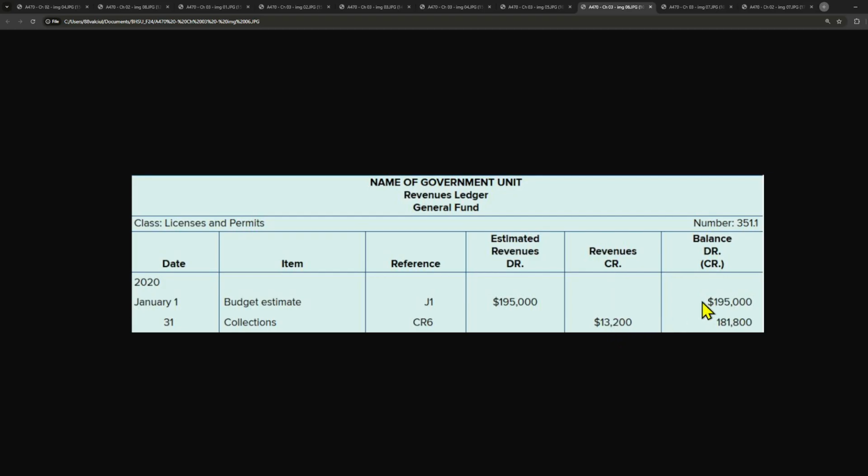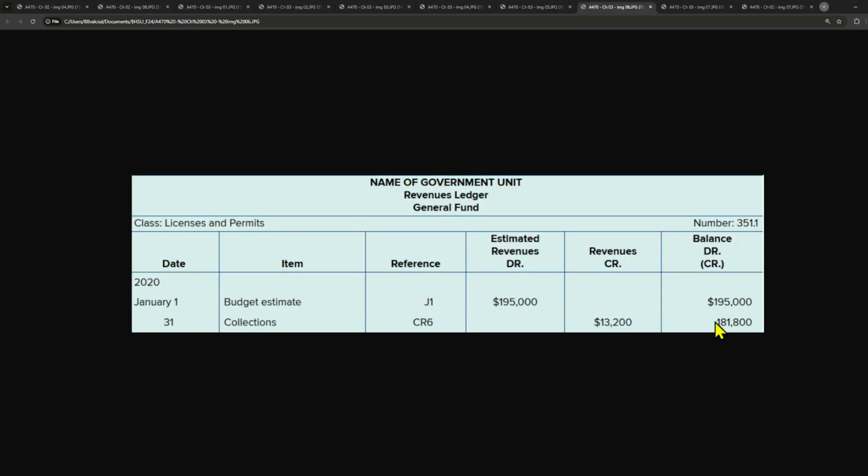So if we're thinking about this as a T account, we're saying, okay, I need to make 195,000. So as I actually receive revenues, I'm going to have a balance in this budgetary account saying, on the debit side I have 195,000, on the credit side I have 13,000. So what's the balance? 181,000.